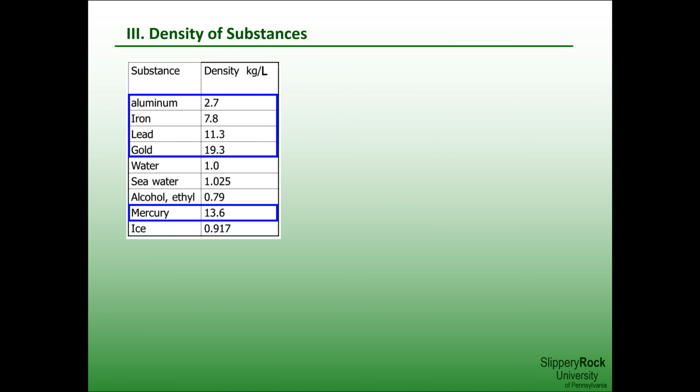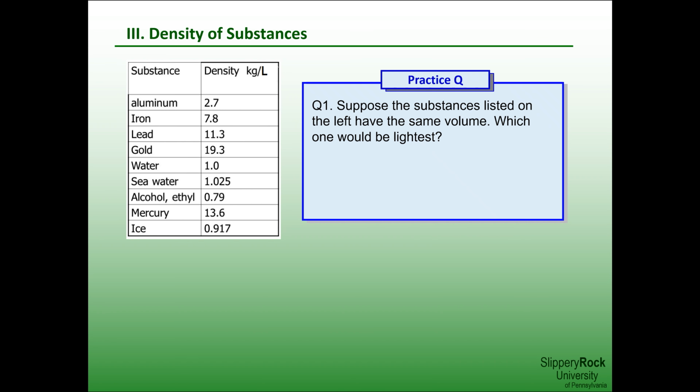Let's try some practice problems. If all the listed substances have the same volume, which one would be the lightest? We look for the lowest density in the table. That value is 0.79 kilograms per liter, which corresponds to ethyl alcohol. So ethyl alcohol would have the smallest mass and therefore be the lightest.